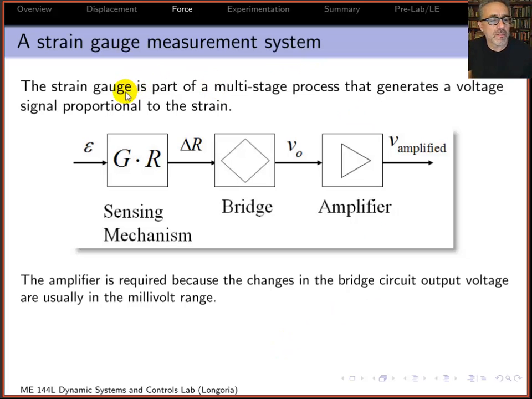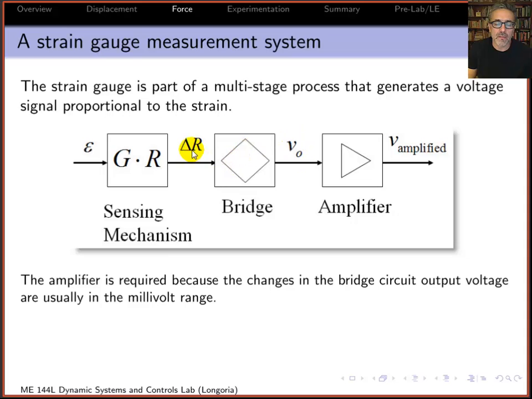So I like to summarize it with this little picture, the basic strain gauge measurement system in block form. You have some structure and some load, but it gives you strain. You put that through a real simple relationship, right? The gauge factor, the resistance of the strain gauges, and you get a delta R. That delta R is put into a bridge, and you get an output voltage, right? You need a bridge. You need signal conditioning on the strain gauges to give you this voltage.